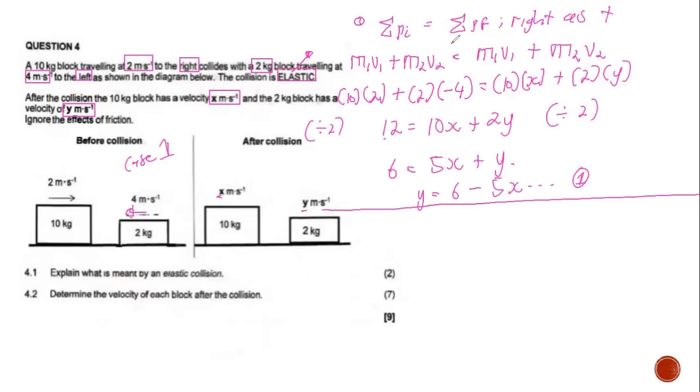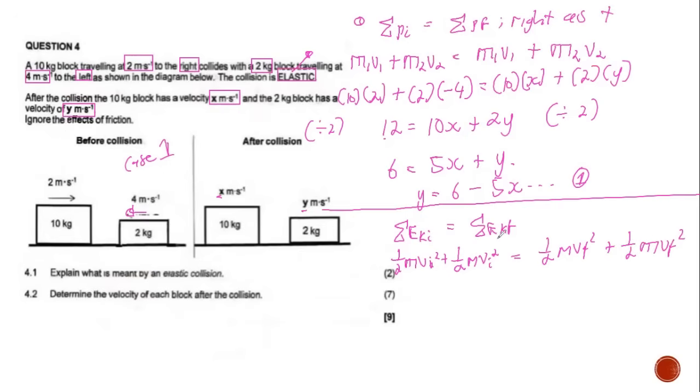So sum of momentum initial is equal to sum of momentum final. But again, we did mention that sum of EK initially is equal to sum of EK finally. Which means I will have half m vi squared plus half m vi squared is equal to half m vf squared plus half m vf squared.